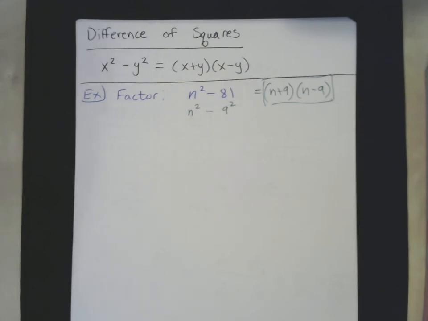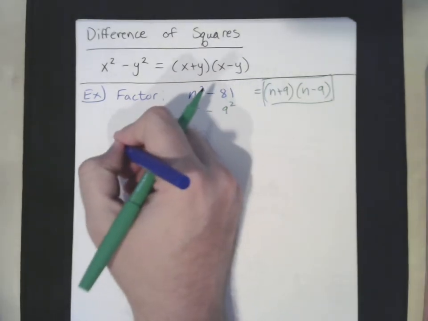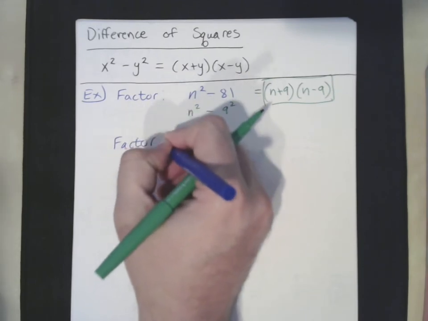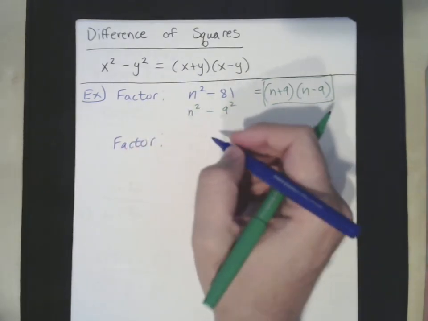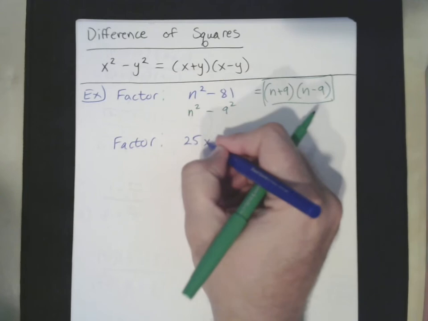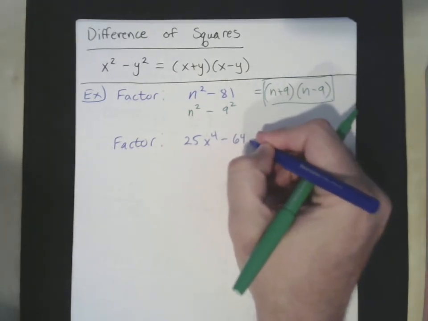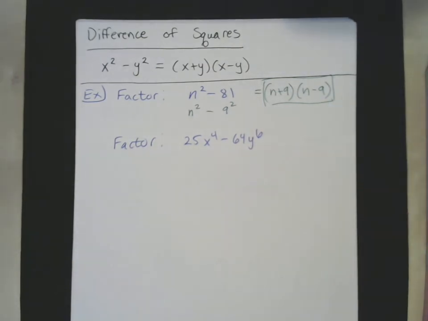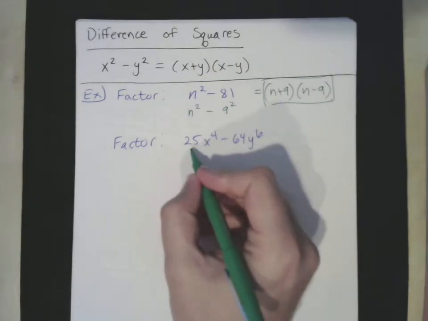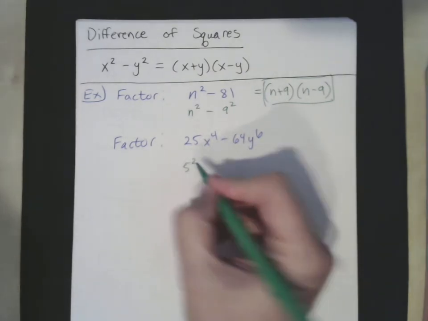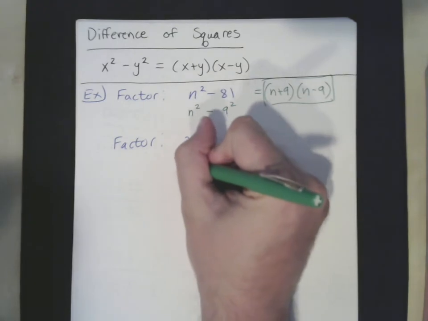So let's look at another one real quick here. Let's do 25x to the fourth minus 64y to the sixth. This one's a little bit more challenging. Are these perfect squares? 25, most people will be able to identify, yes, that's a perfect square.